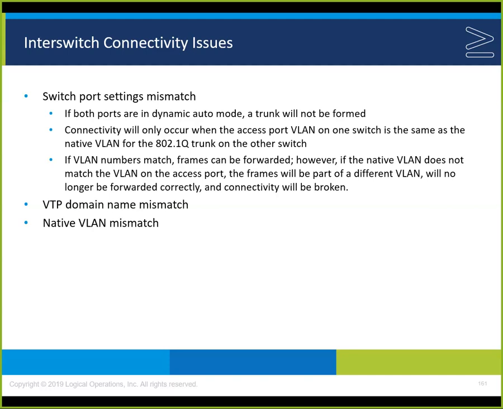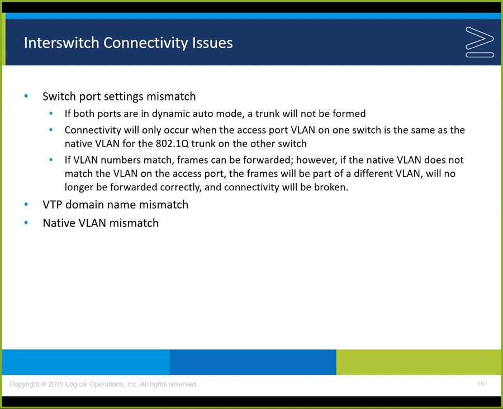For inter-switch connectivity, as well as the switching issues, we have to have a trunk port to do these things. Otherwise, we have a whole lot of connectivity problems. The native VLANs have to match. The VTP domains have to match.